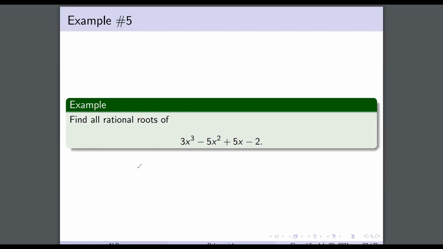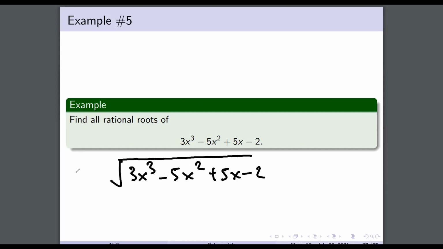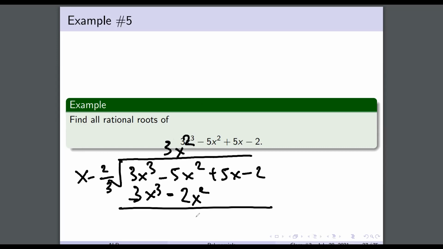So the 3x squared, minus 2x squared, negative 3x squared plus 5x. Then subtract 3x squared, or subtract 3x.